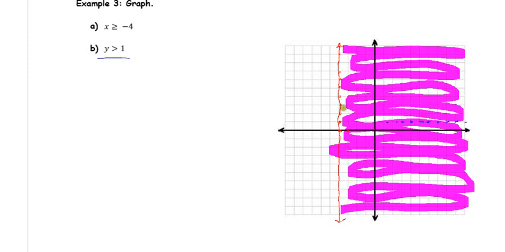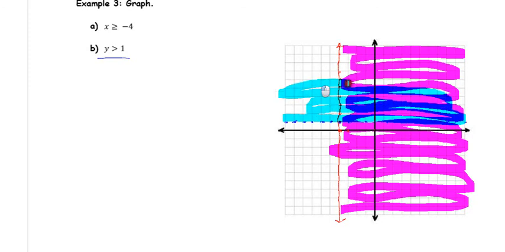So we know y is equal to 1 is a horizontal line. I'm making it a dotted line since there's no equal to component in the inequality. And it's a greater than sign here, which means I'm going to shade above the line. So it includes all of this.